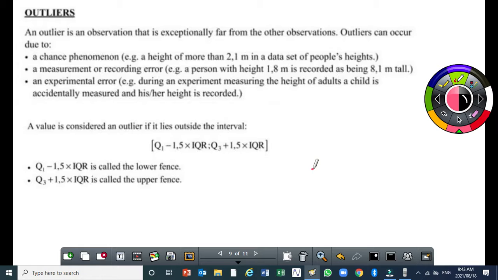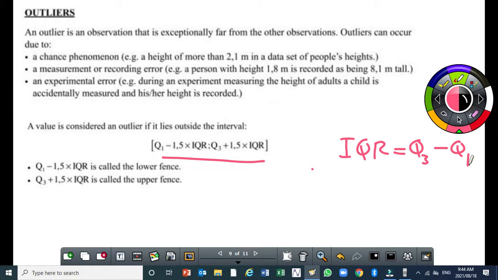We use this formula. First, determine your interquartile range, IQR. Remember, the interquartile range is equal to Q3 minus Q1. So find your interquartile range; obviously, you must determine Q1 and Q3. Then, to determine a value which is small but is an outlier, you subtract 1,5 times IQR from Q1.